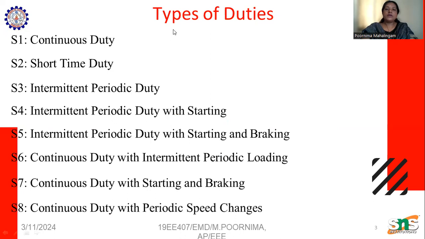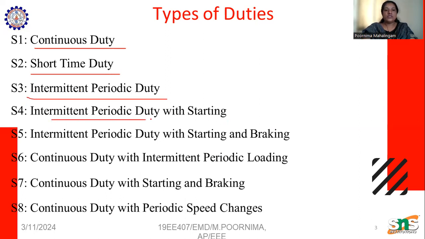Among the many types of duties, the first is continuous duty, the second is short time duty, the third is intermittent periodic duty, and then intermittent periodic duty with starting. Continuous duty means the motor runs continuously.